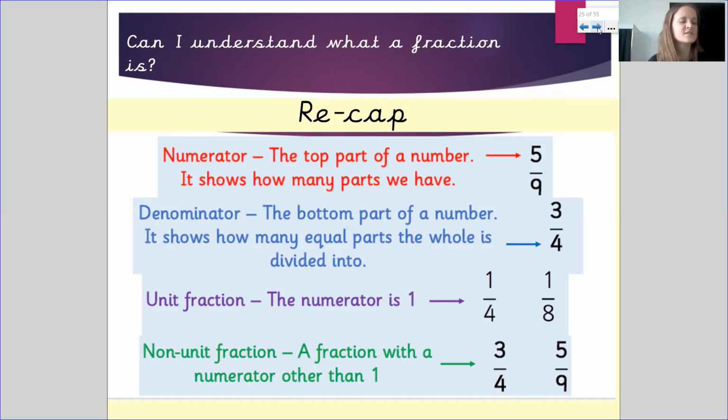So with 3/4, you will see that something like this. 1, 2, 3, 4. Sorry, it's not very equal, but it is still 4 pieces. It needs to be equal though. So let me redo that.